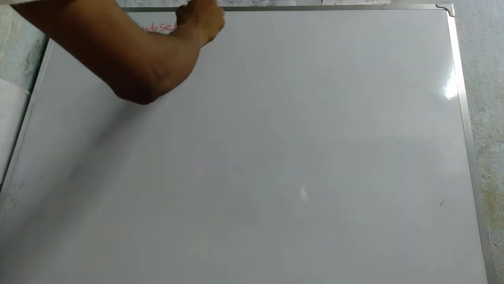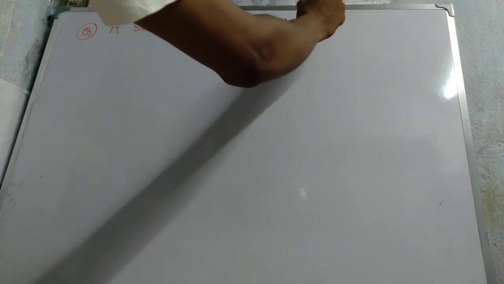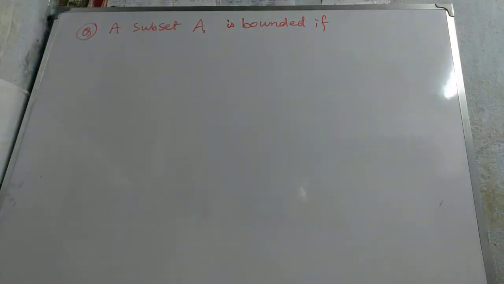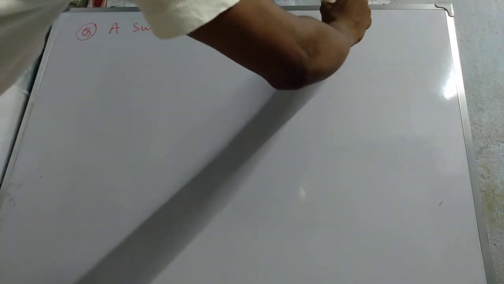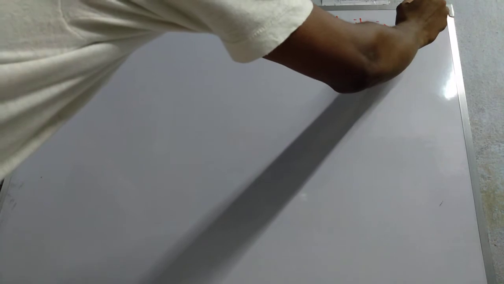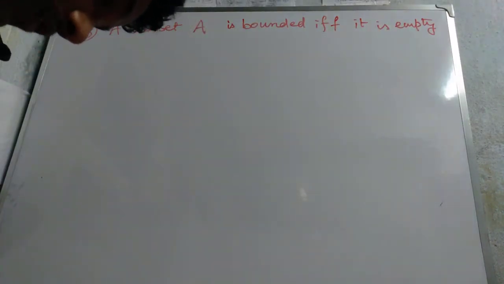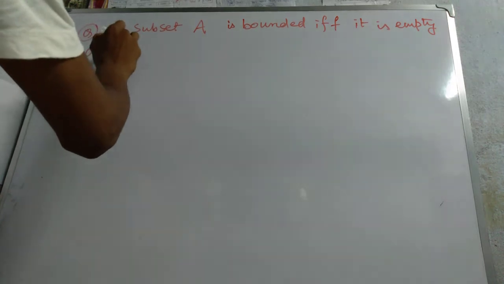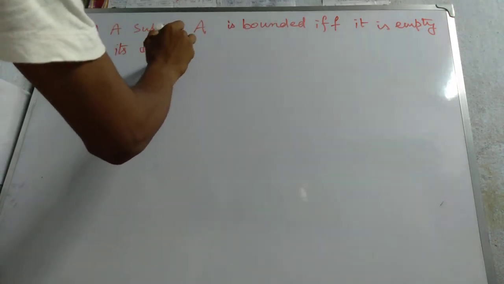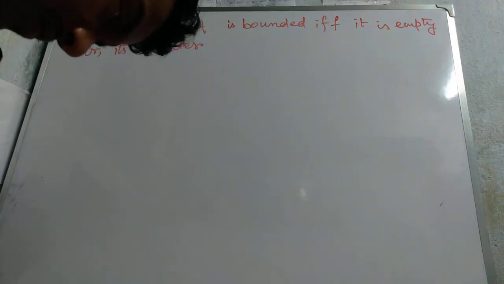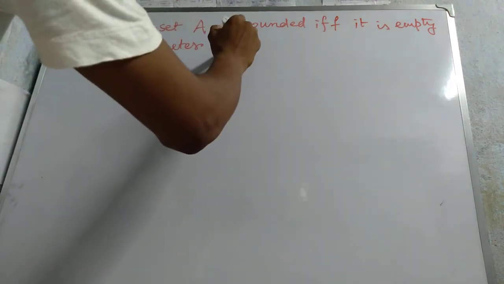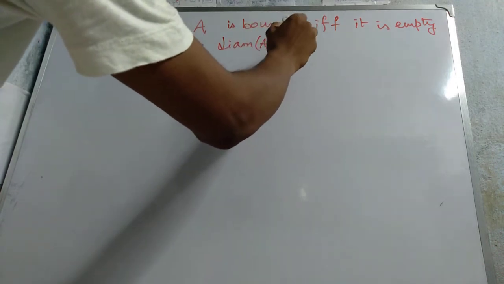Question: a subset A is bounded if and only if it is empty, or its diameter of A is finite.